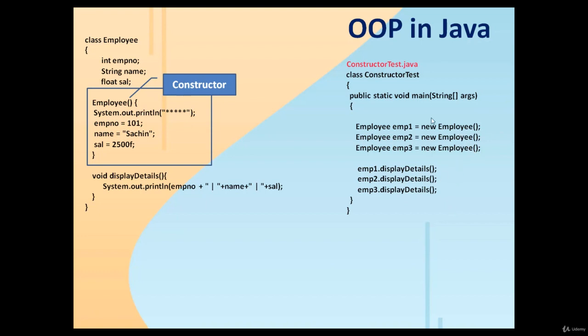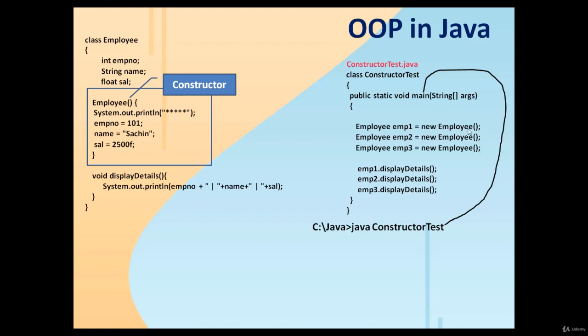Whenever you compile this program, javac ConstructorTest.java, the compiler will create ConstructorTest.class as well as Employee.class. And when you run this program, java ConstructorTest, if I press enter, what happens? The control will come to the main method. Then the first line of code is Employee emp1 = new Employee, creating an object.